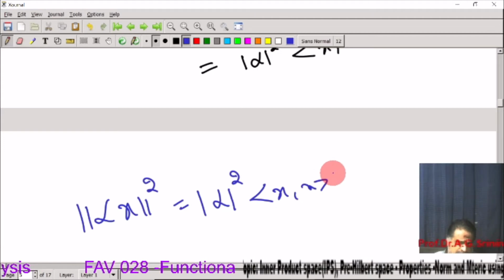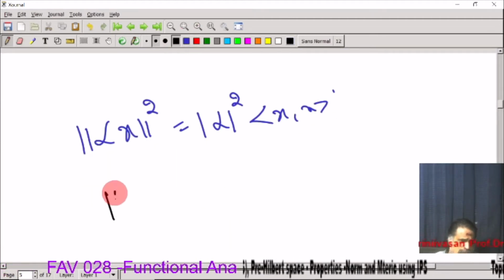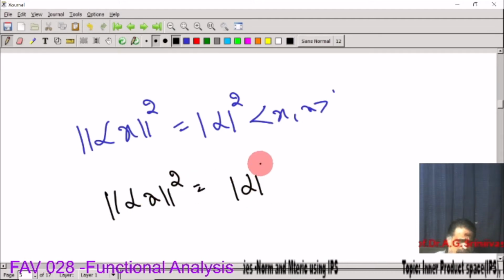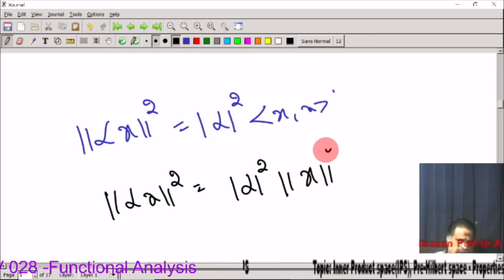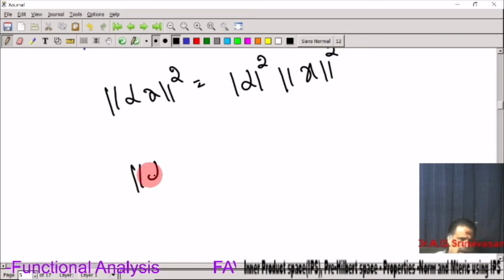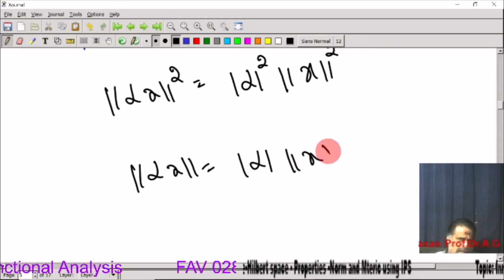So this certainly means that norm alpha x square is equal to modulus alpha square times inner product xx, and you know that inner product xx is norm x square. Now take the positive square root of this, and you get norm alpha x equal to modulus alpha into norm x.